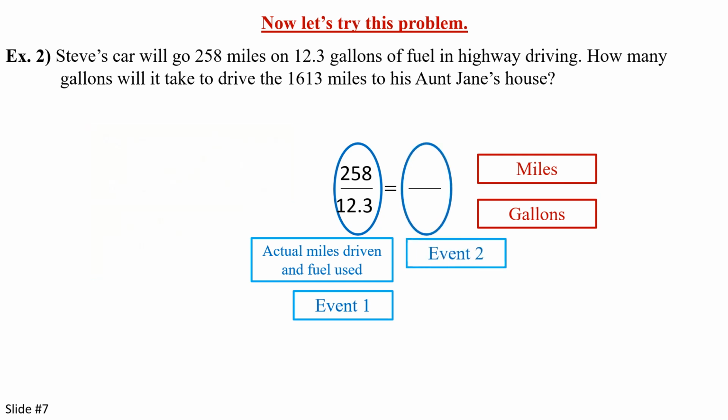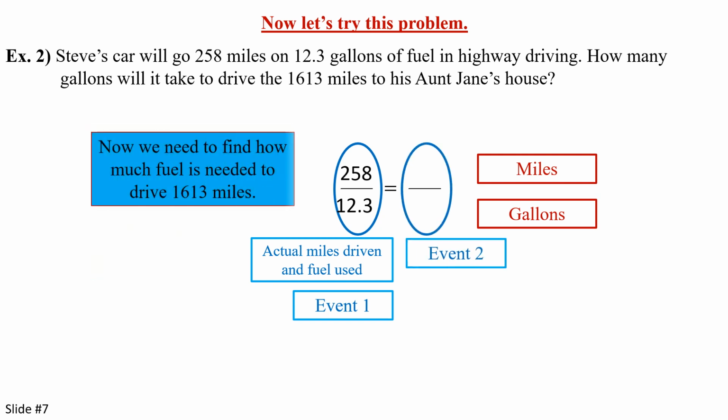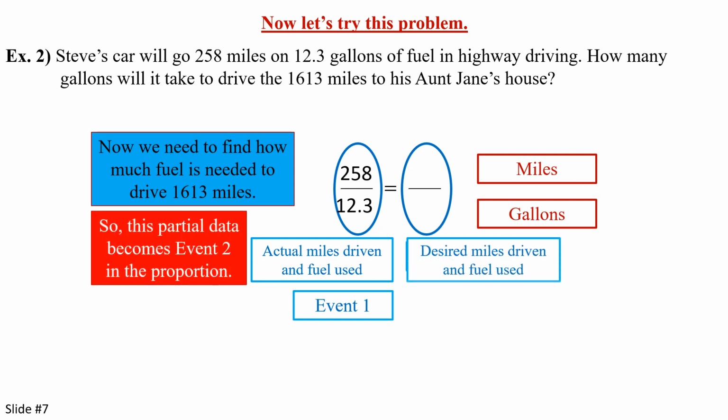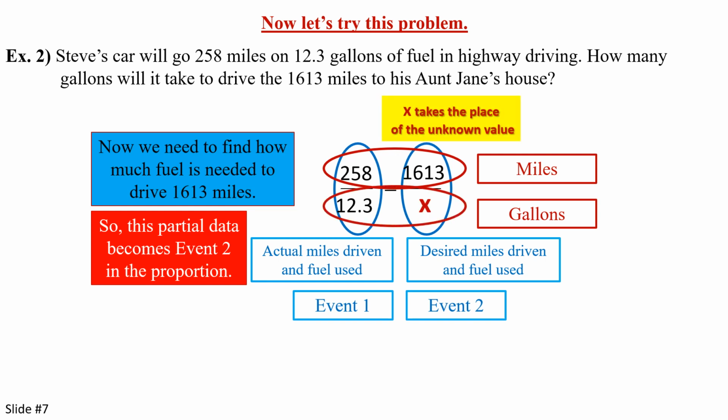Now I need event 2. Well, I don't know how much fuel, but I do have the number of miles. So that becomes the data I'm going to use to set up event 2. Desired miles driven and fuel used. I have the miles, 1,613, so both numerators are now miles, and the denominator's gallons.